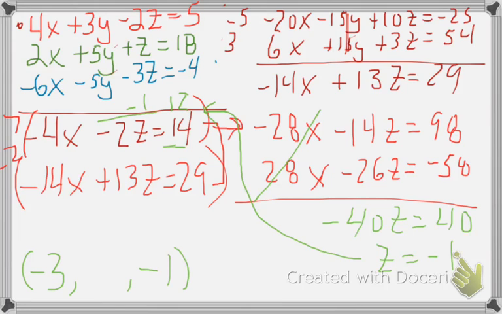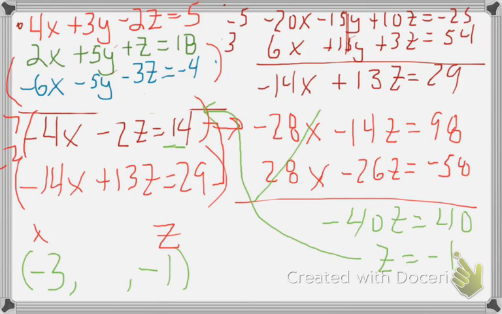All right. Let me erase this so we have a little bit of room. Now we have values for x and z. All we're missing is y. How we do that is we go to this equation and plug back in values for x and z.